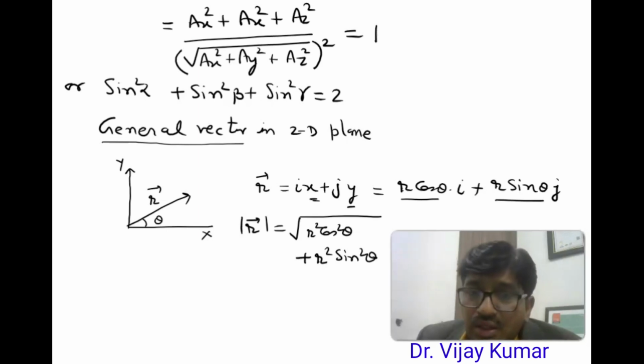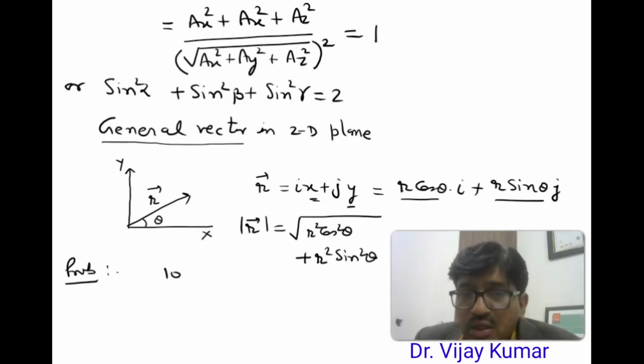And we can understand it by a problem. Suppose we have a vector of magnitude 10 unit, and the vector makes an angle 60 degree from the x-axis.